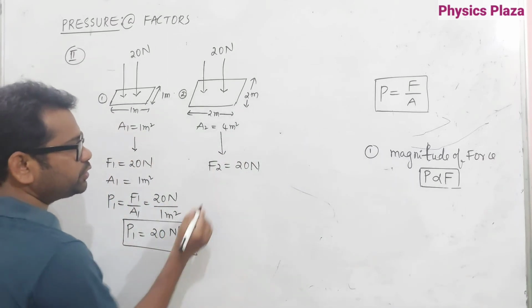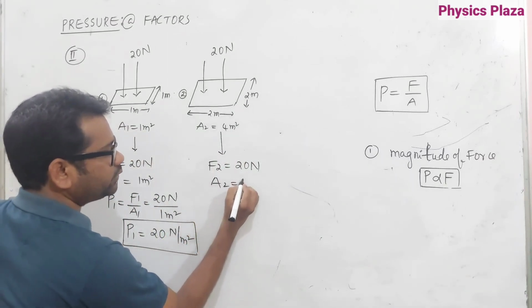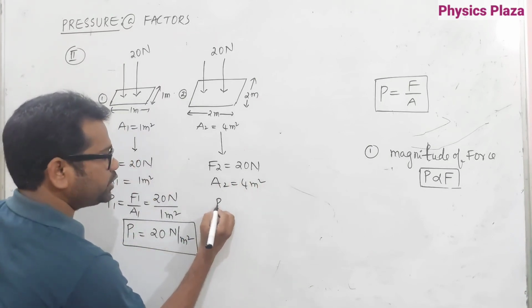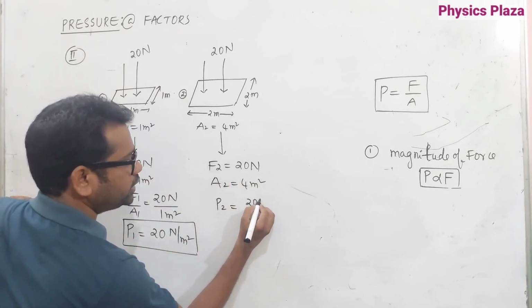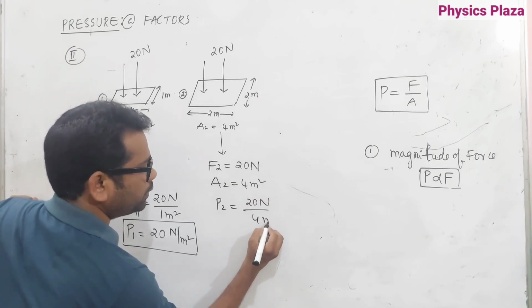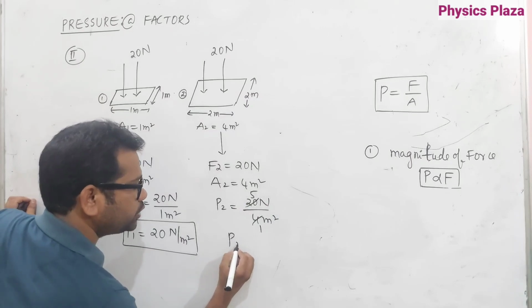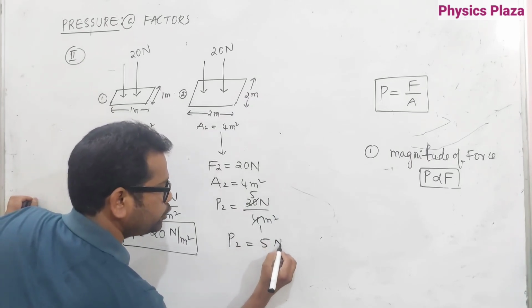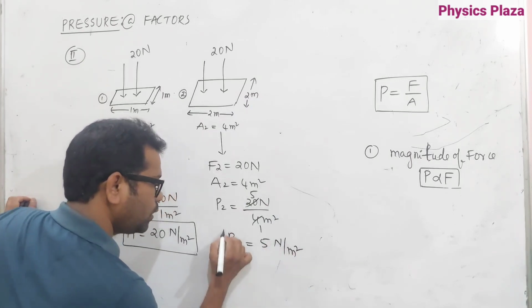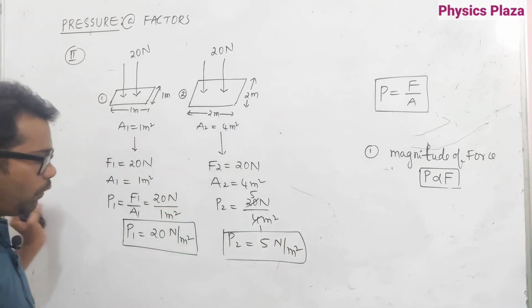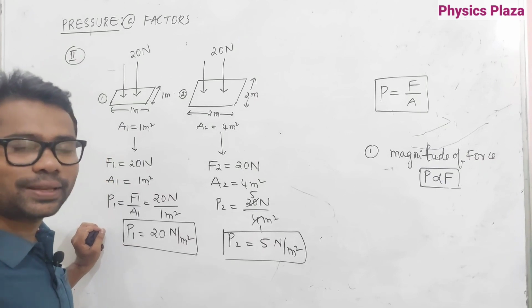So force is 20 Newton and surface area is 4 meters square. Then the pressure is equal to 20 Newton per 4 meters square. 4 fives are 20. P2 is equal to 5 Newton per meter square. Oh my God, what happened? Why did we get two different answers?